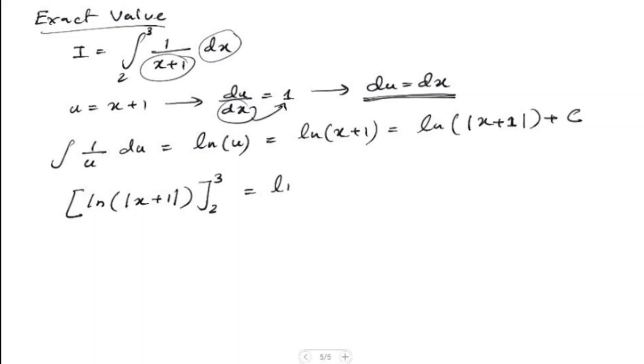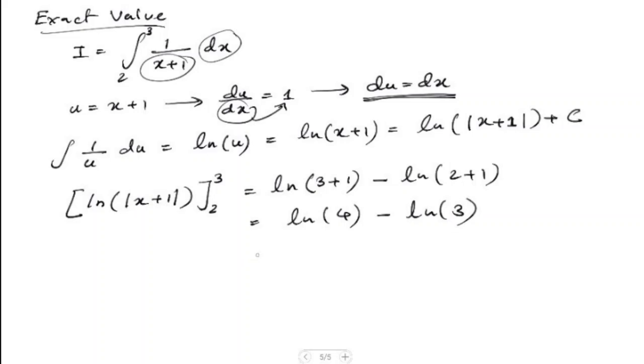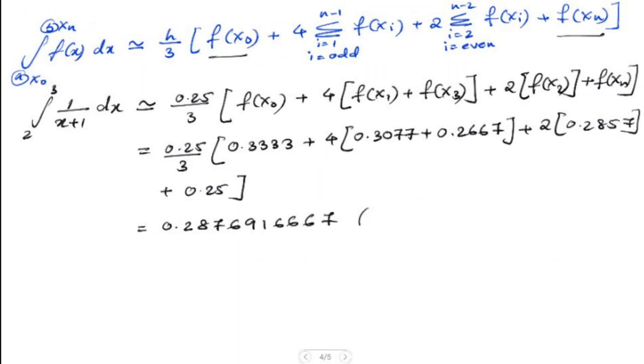That will be ln of 3 plus 1, which is 4, minus ln of 2 plus 1, so ln 4 minus ln 3, which is equal to 0.287682.